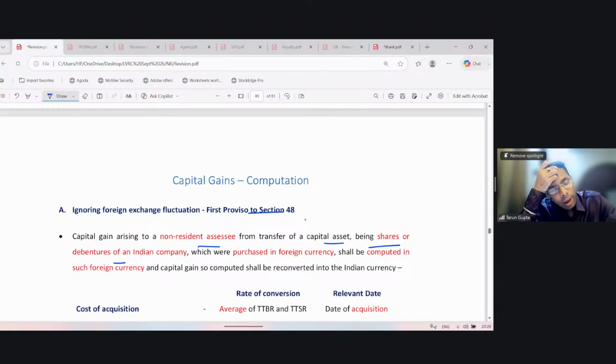If the non-resident assessee has a share or debenture of an Indian company and he transfers it, and if the share or debenture was purchased in foreign currency, then capital gain shall be computed in such foreign currency only, and the capital gain so computed shall be reconverted into INR.